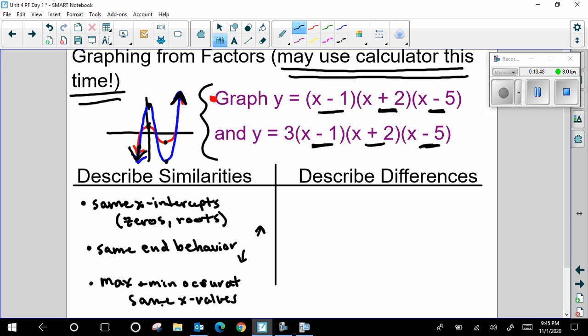And I have mins at those 2 locations. So they occur at the same x, but the y's are different. Okay, so the differences are the y values for the maxes and mins. Those are different.